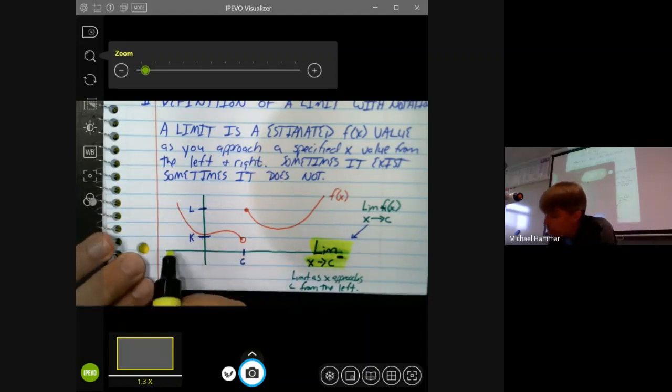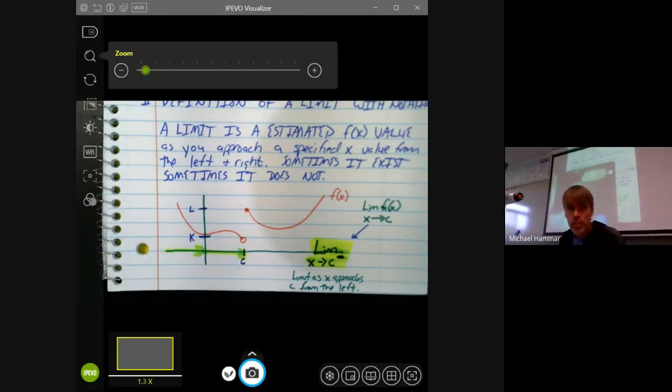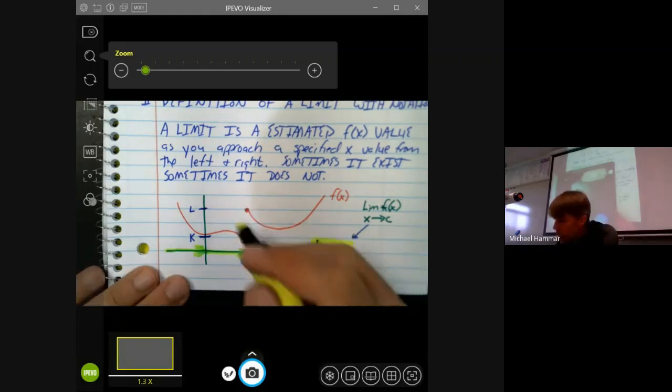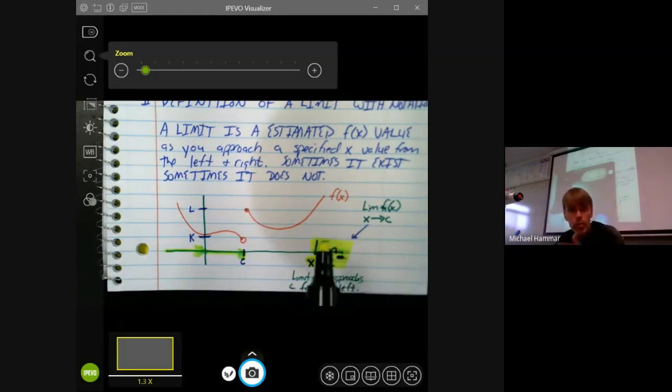So I am going to approach c from the left-hand side. I'm going to keep getting closer and closer and closer to c. Now, when I get closer and closer to c, I need to go up, and the limit is not the value of c.